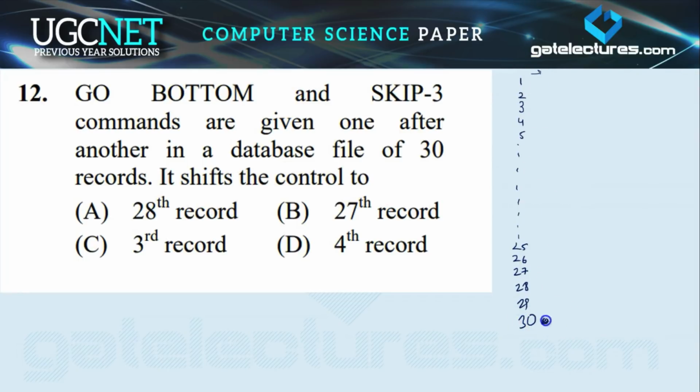So I'm here, right? Go bottom after applying this command, and the next command is skip 3. So we have to skip 3. So first, second and third. So after skipping 3 records, my control is here. So now you have to tell where my control is now. So at the 27th record, my control is present.